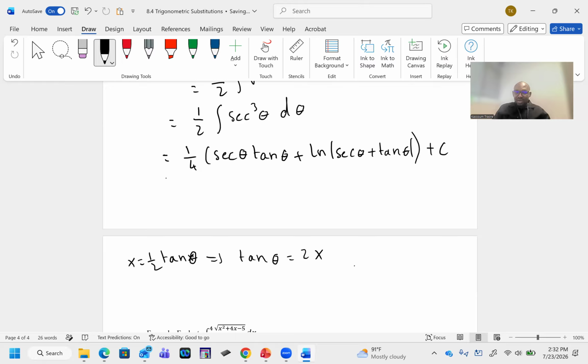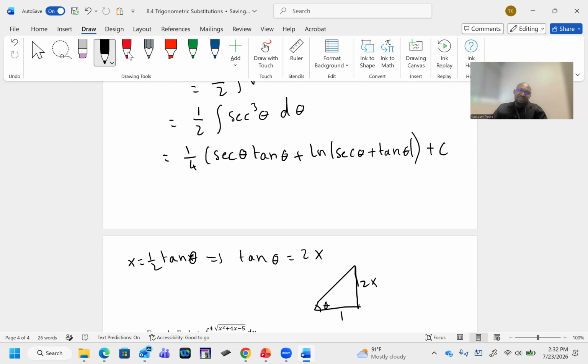So I'm going to draw my right triangle again. This is just to show you, and you will always do this. If this is theta, we know tangent is what? Opposite divided by adjacent.